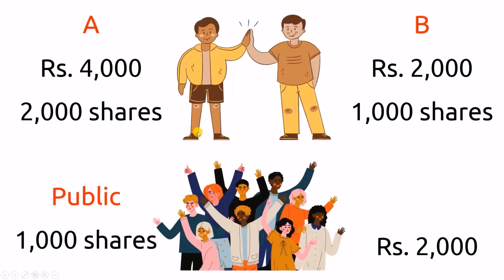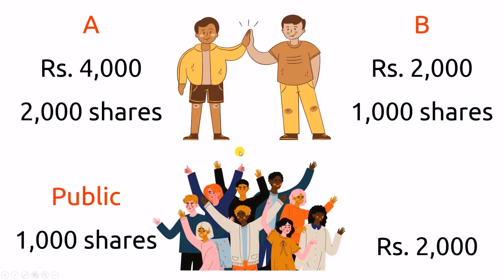Owners of the company are the ones who have the stocks. So, in our case, these promoters are owners of the company, and the public who have the stocks of that particular company are also the owners of the company. And the profit, 2,000 rupees, entirely belongs to them.